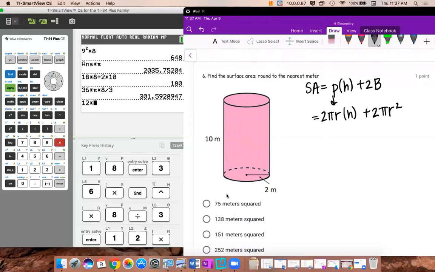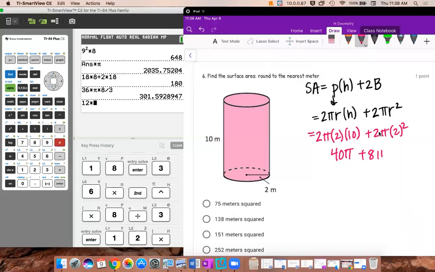So the only things we really need are the height, which is 10, and the radius, which is 2. So we do 2 pi, the radius was 2, the height was 10, plus 2 pi, and then the radius was 2 again. So if we do 2 times 10, that becomes 20, times 2, this is 40 pi, plus 2 squared is 4, times another 2 is 8, so 8 pi.